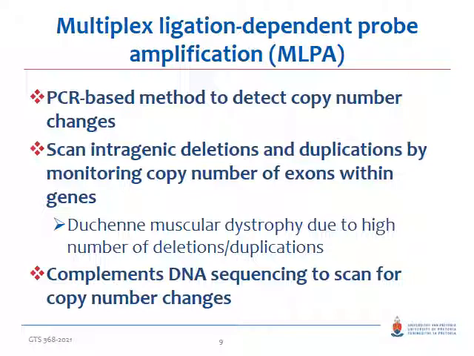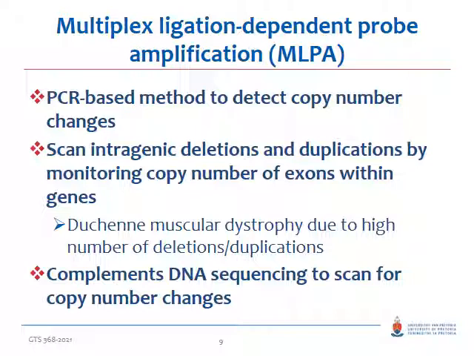MLPA is a quick and versatile method that can detect copy number changes over a broad range of DNA lengths. It is frequently used to scan intragenic deletions and duplications by monitoring the copy number of exons within the gene.